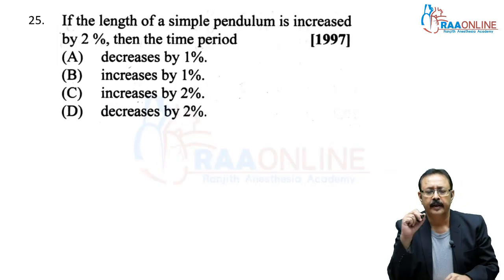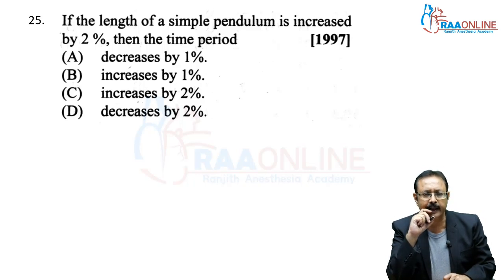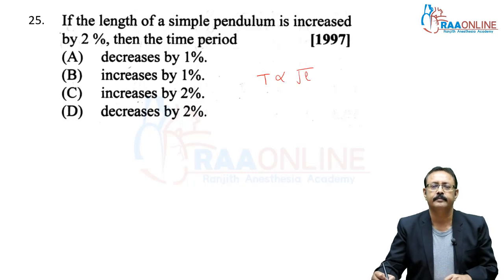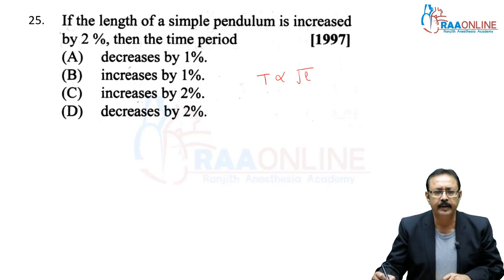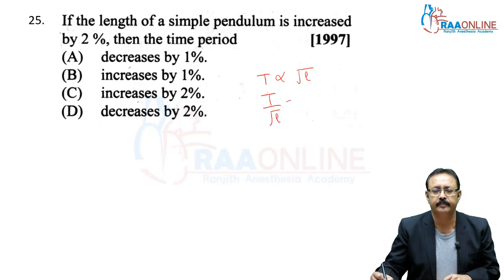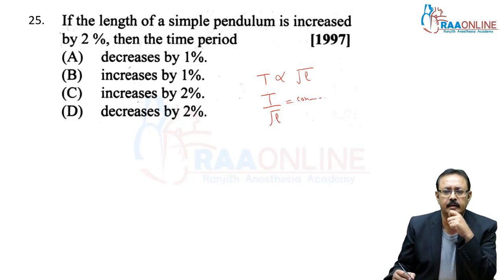25th. If the length of a simple pendulum is increased by 2%, then the time period, means we want to calculate what is the relation between T and L. T is proportional to root L. Means if we are changing only length, T upon root L should be constant. What we want to calculate is by what percent T will change.